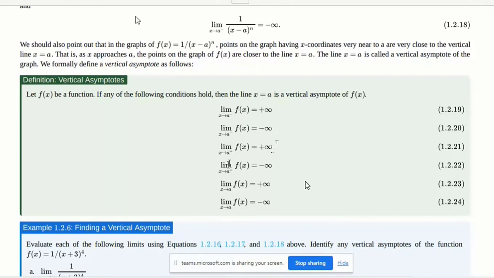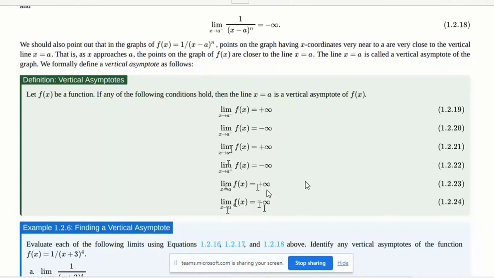Maths is about pattern. Let's look at the last two in this definition. Do you see them? Yes, we see them, 1.2.23, 1.2.24.